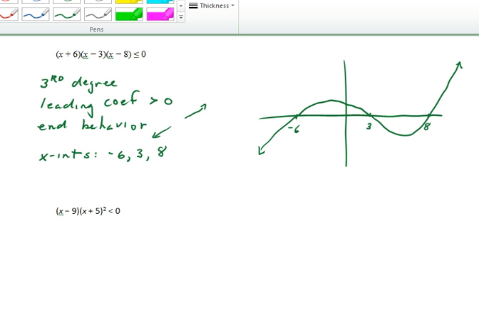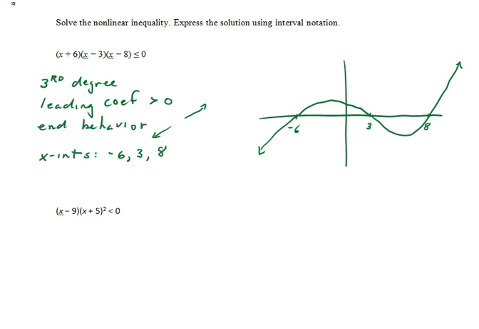And so I'm not saying anything about the relative sizes of the local maximum or minimum, just where the positives and negatives are occurring.